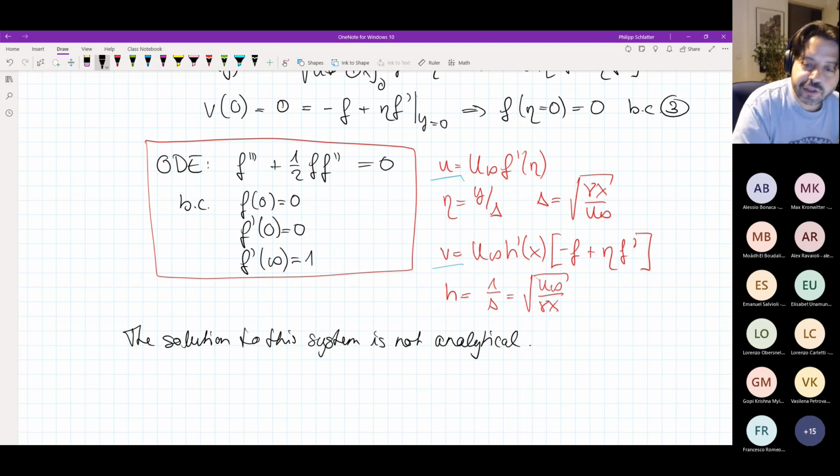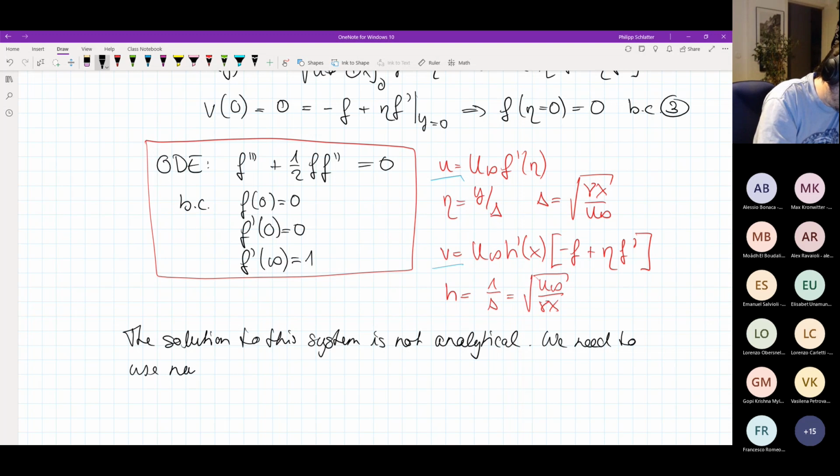So that means we actually need to use numerical techniques to solve this system. So we need to use numerical techniques to solve it.